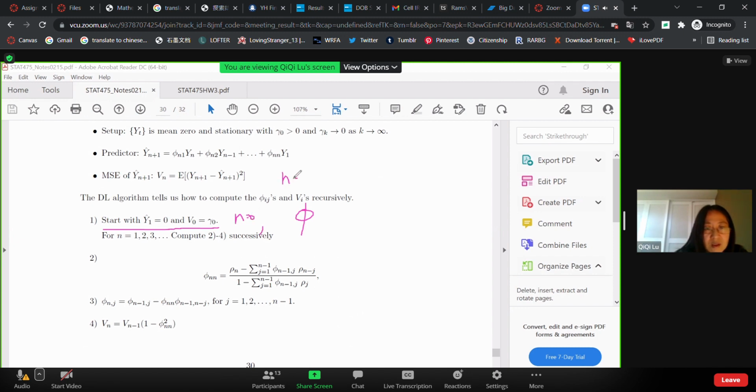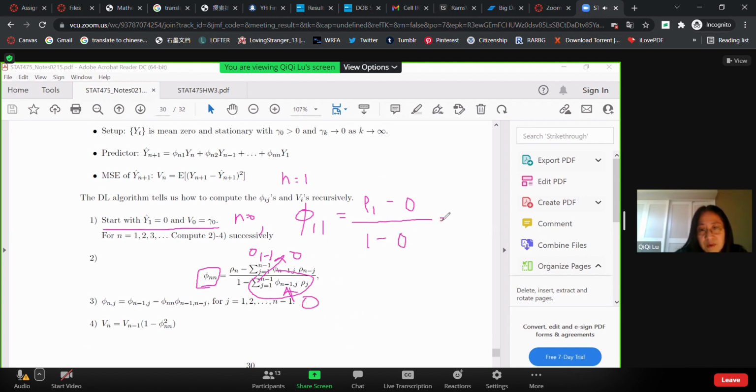If n equals 1, we start with this phi11 here. You start with phi11, so you have rho 1 minus the sum over j from 1 to n minus 1. So n equals 1, 1 minus 1 equals 0. So j from 1 to 0, so the sum is 0. So the top is just rho 1 minus 0. In the denominator, same, this is 0 here. So that's just 1 minus 0.